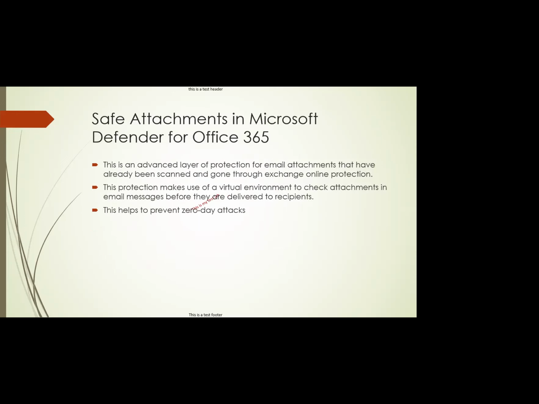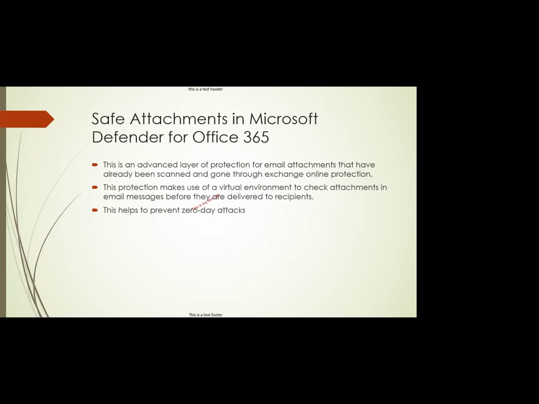So we'll start with safe attachments. These are tools that you can use to protect your users, because most of these bad guys tend to always send attachments and deliver payloads of malware through attachments. Safe attachments is meant to protect you from those guys.